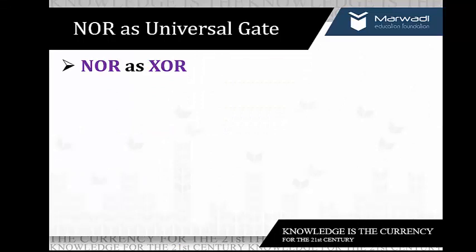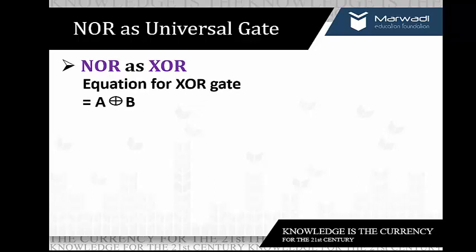Next is NOR as XOR gate. The equation corresponding to XOR gate is A XOR B, which is nothing but A B complement plus A complement B, which we have already discussed as inequality detector.